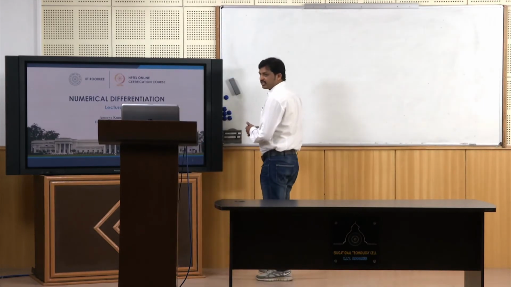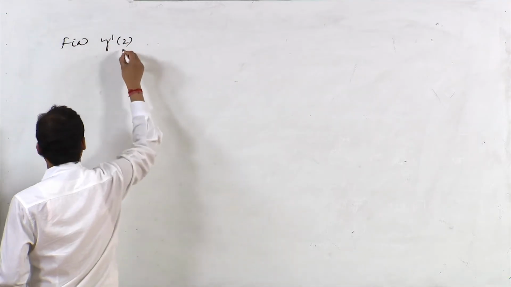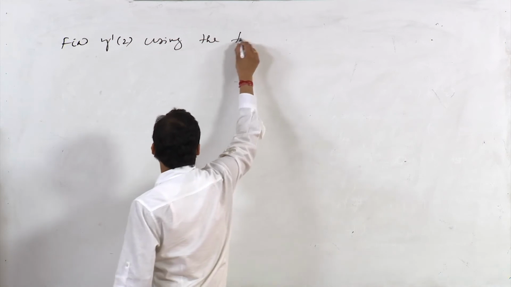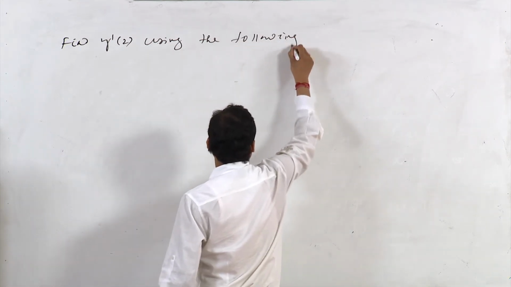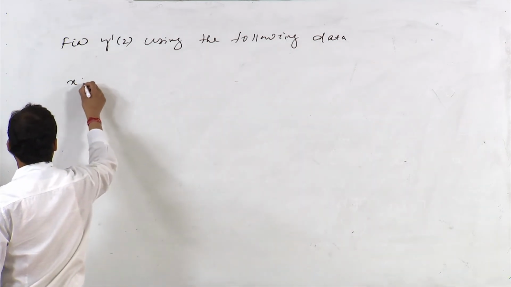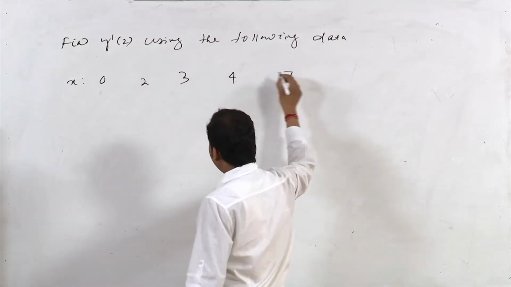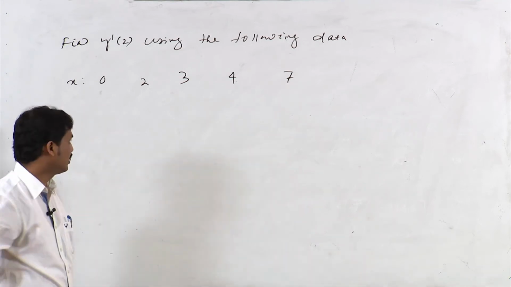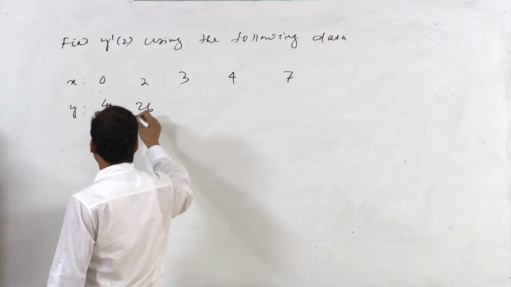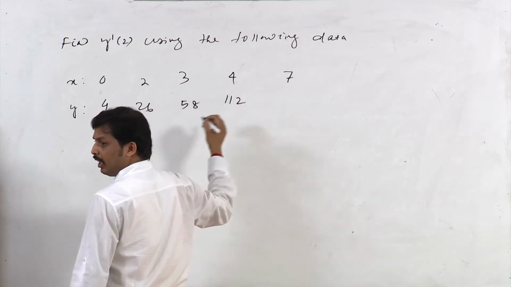So, first we discuss: find y dash of 2 using the following data. Suppose the question is asked with data points x at 0, 2, 3, 4, 7, and the functional values are 4, 26, 58, 112 and 466.